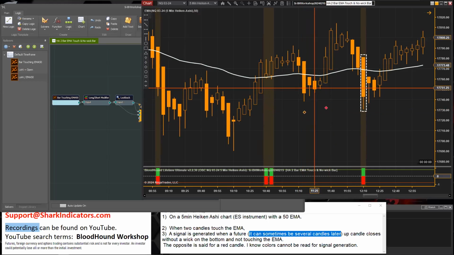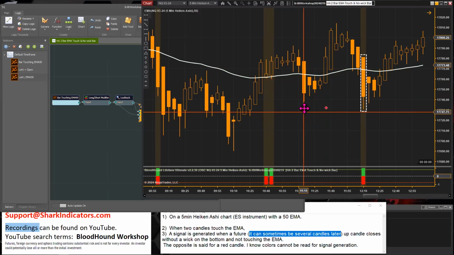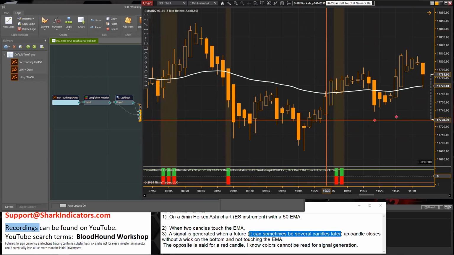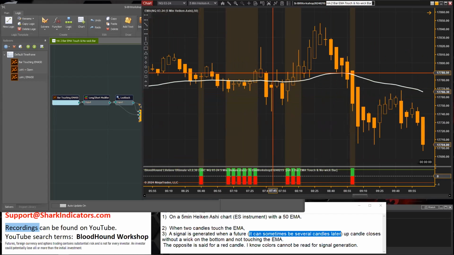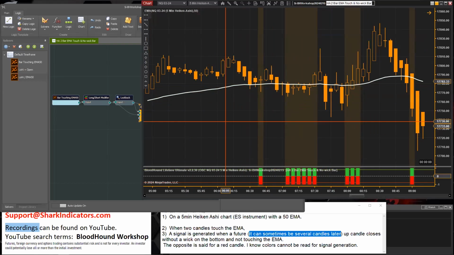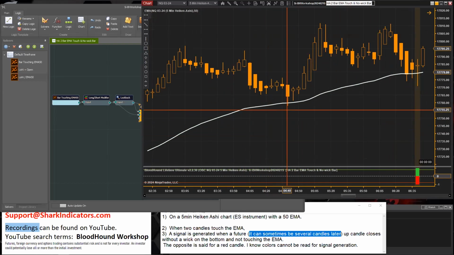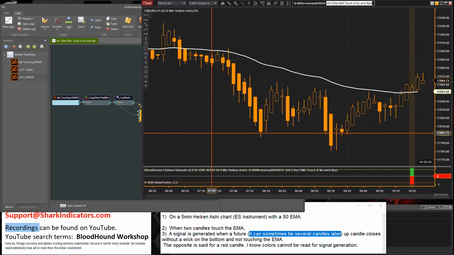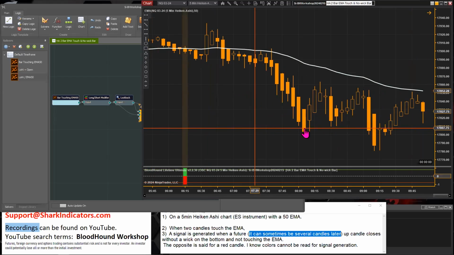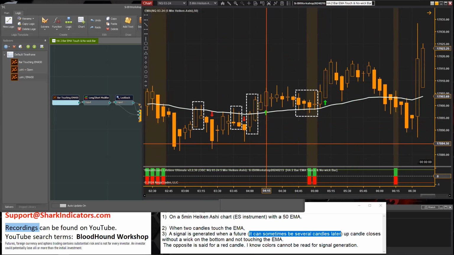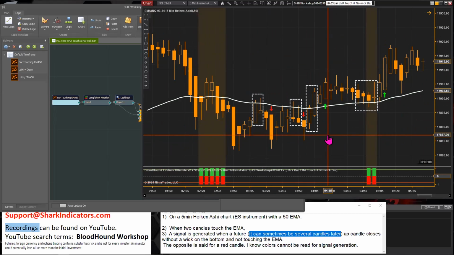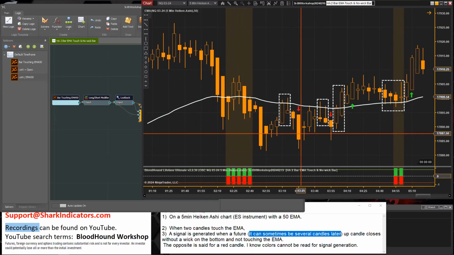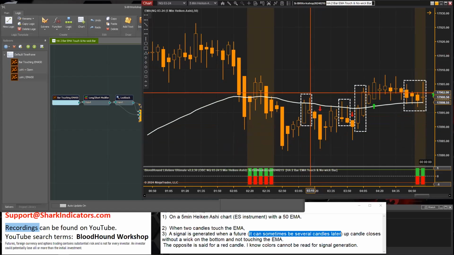So for example, this single bar, there's still no output on these single bars. But all these areas here, we have at least 3 or more bars touching that EMA. I want an example of just 2 bars. All right, so here we go. Here's a couple examples of just 2 bars. Yeah, and there's no output here.